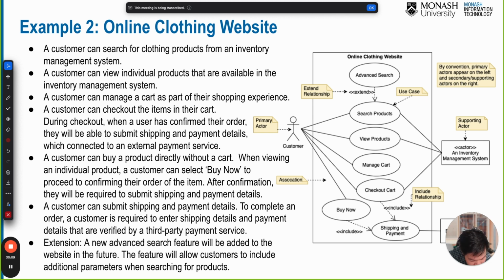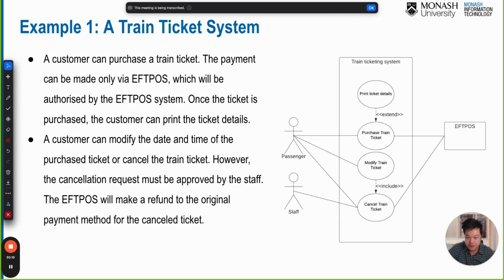Does extend have anything to do with the order in which events occur, like once the ticket is purchased, the customer can...? I would say kind of, because when we say extend, it is the next use case.